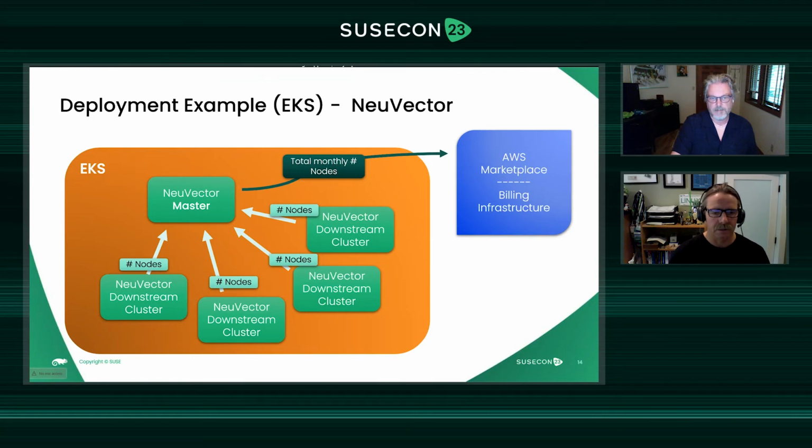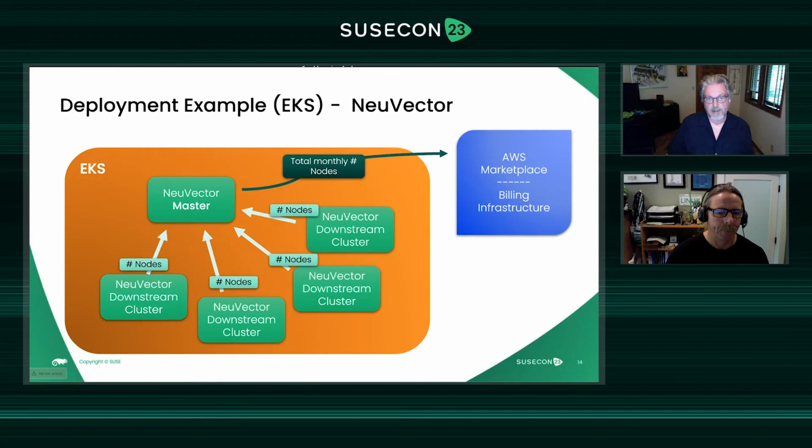Again, these do not necessarily all have to run in EKS. The downstream Kubernetes clusters that NeuVector has integrated itself with can also be in another cloud, or they can be in your data center. As long as the networks are connected, then you fall into the volume discount model.